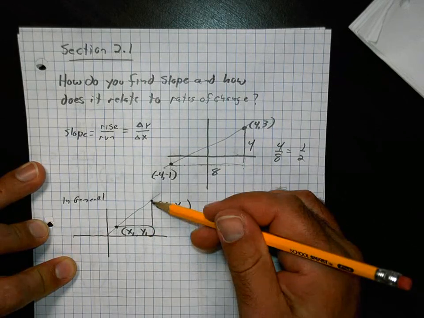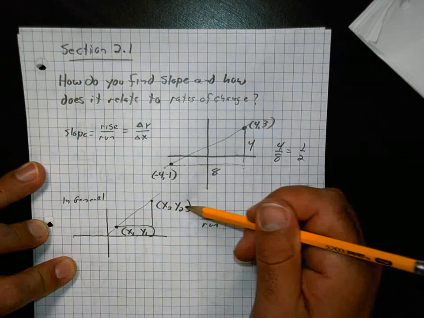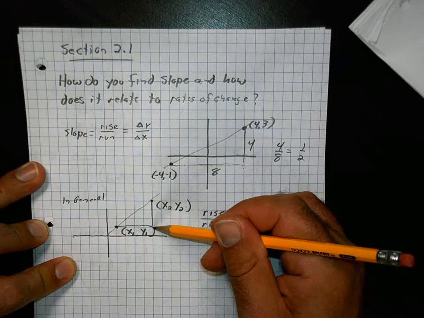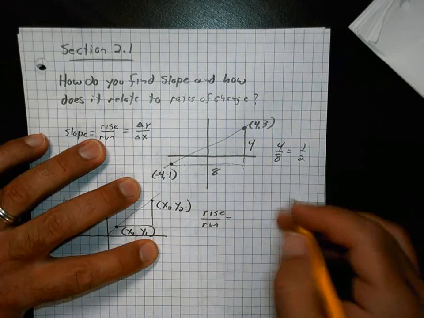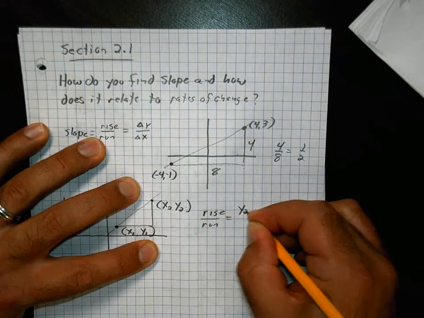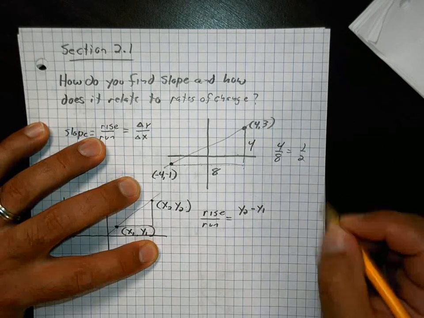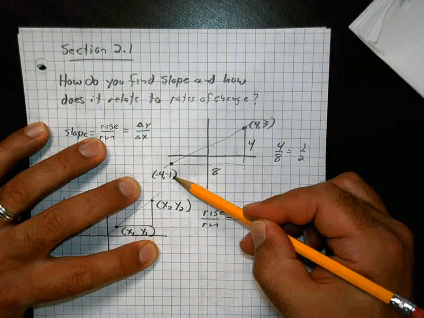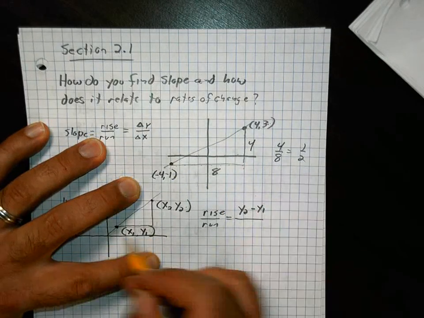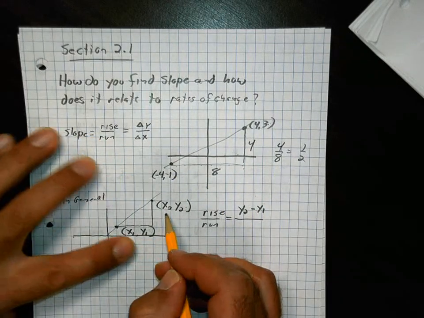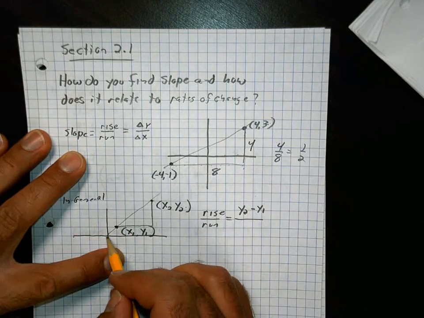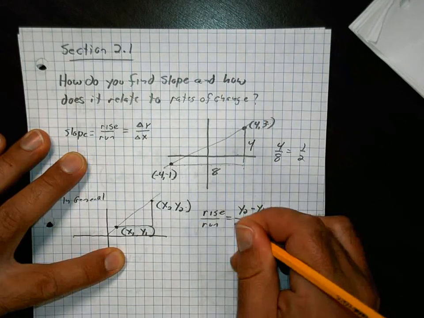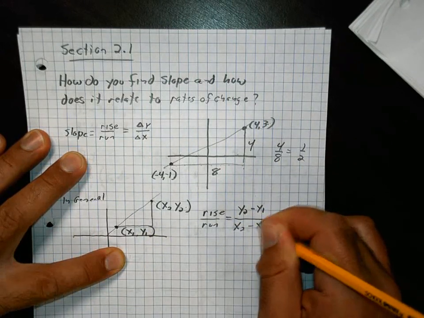So in order to determine the change here, we would take y2 and subtract y1, and that would be my distance here. Just like we could have done here, 3 minus -1 is 4. The run is the difference in the x value, so this would be x2 and this is x1, so the distance here is x2 minus x1.